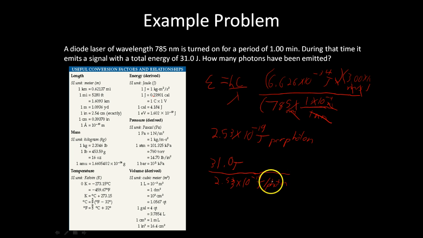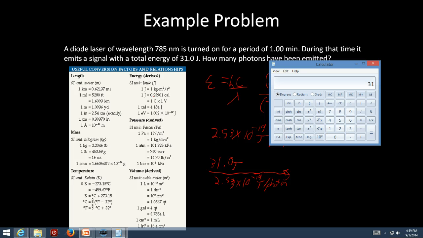Well, remember, if something's on the bottom, it's photons to the negative 1. Well, the photons would just go up here into the numerator. And so, calculator back out, we have 31 divided by 2.53 exponent negative 19.